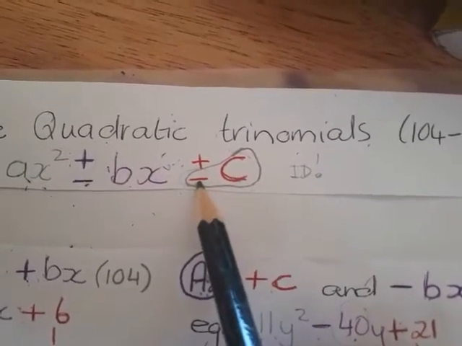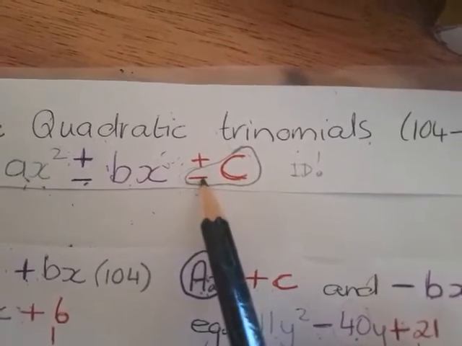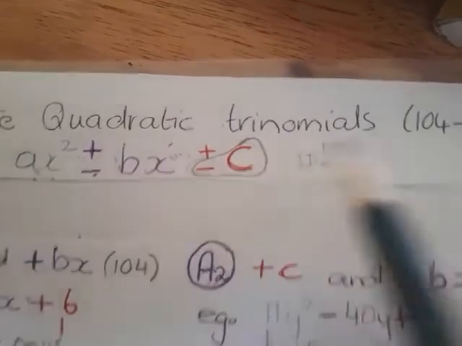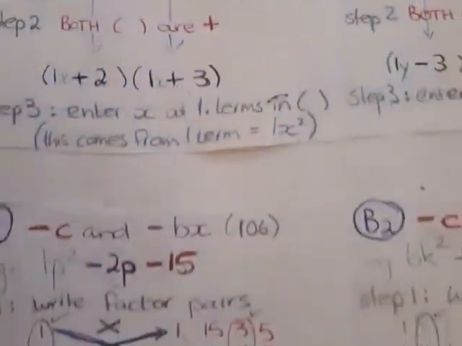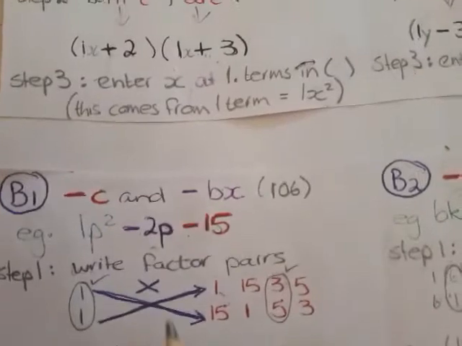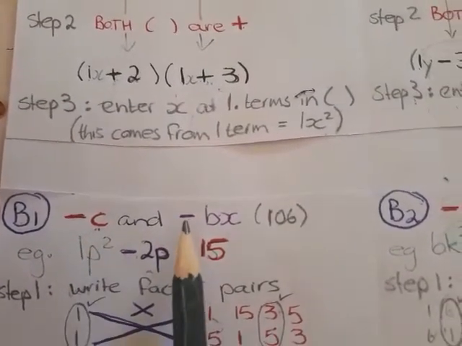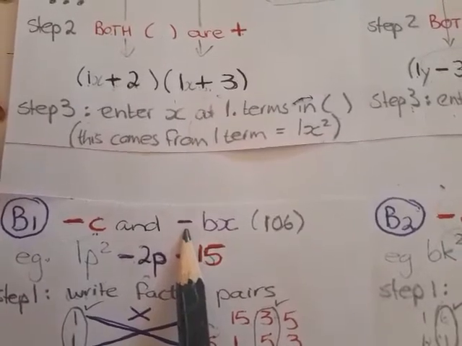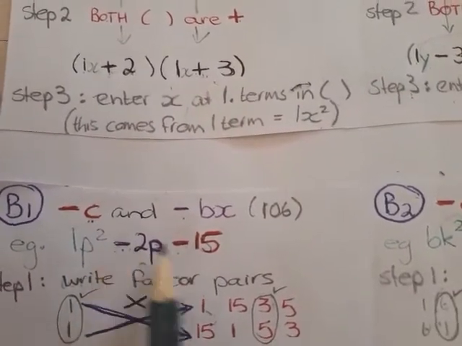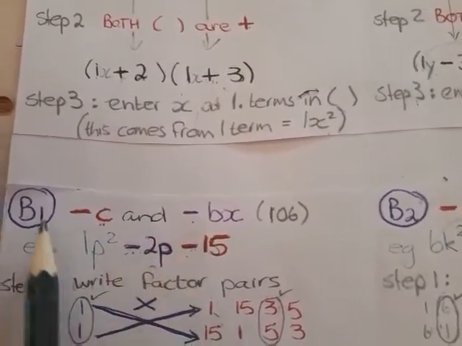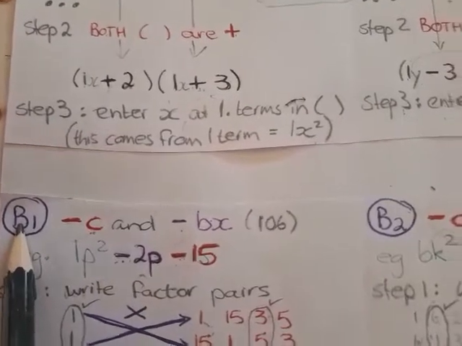If it is negative, you know that it will be either B1 or B2. So now, B1 has a negative third term and a negative middle term. So 2 minuses is B1.